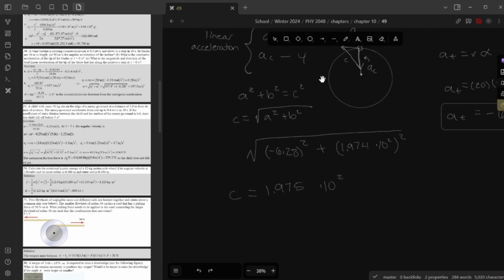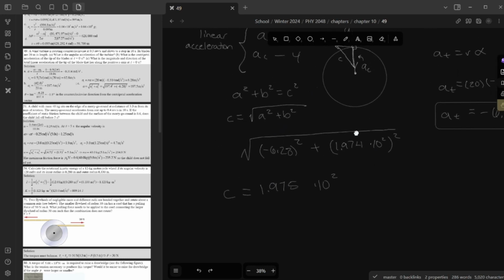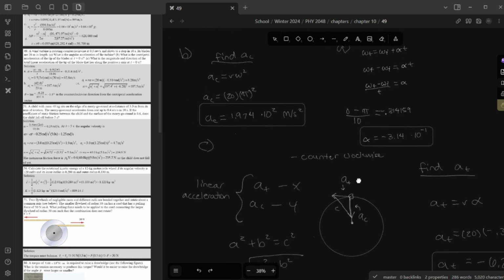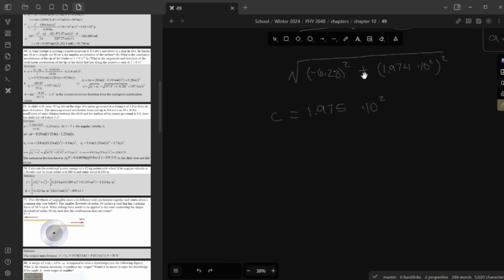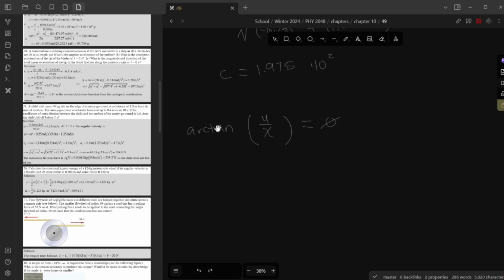Now we need to find a direction. And if we remember from the beginning of the semester, we have to find a direction by using arctangent. So if we do arctan of y over x, this gives us the angle, so theta. So that gives us our angle.